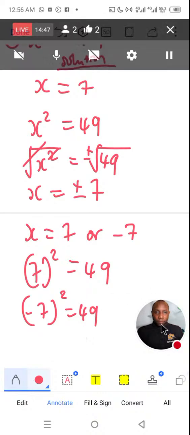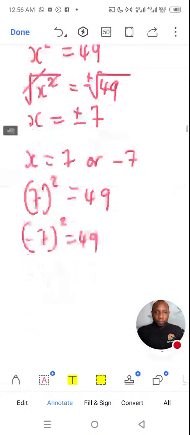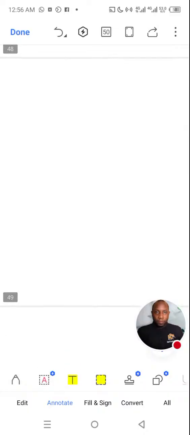Okay. So I want us to look at another puzzle. Look at this one.